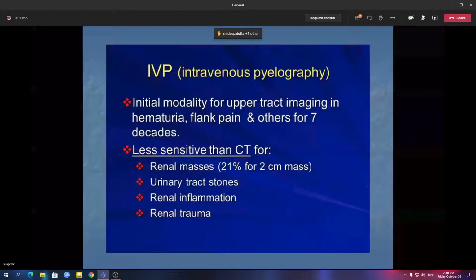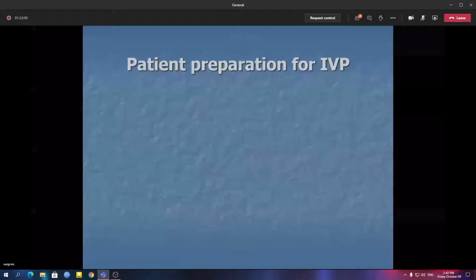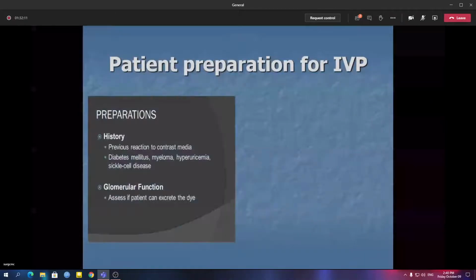So it's important for the upper tract, that is kidney, pelvis and upper ureter region. It is a much more sensitive investigation. But definitely with the advent of CT, the number of uses of IVP has gone down. The patient must be properly hydrated before doing it, and must have a normal renal profile.